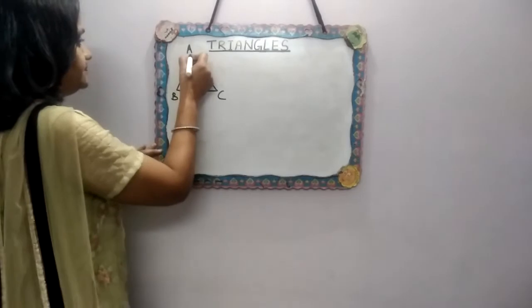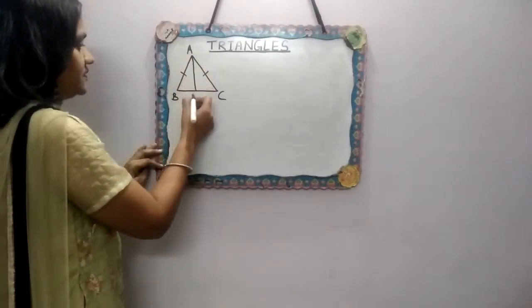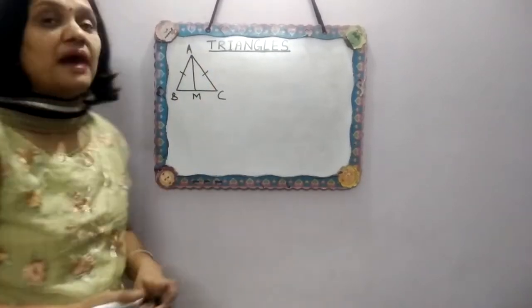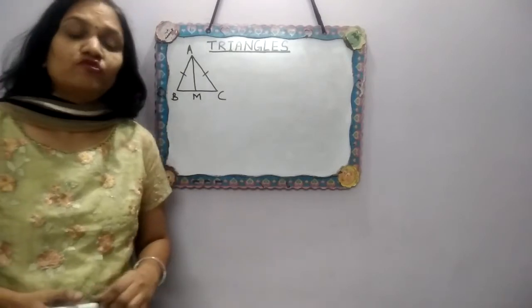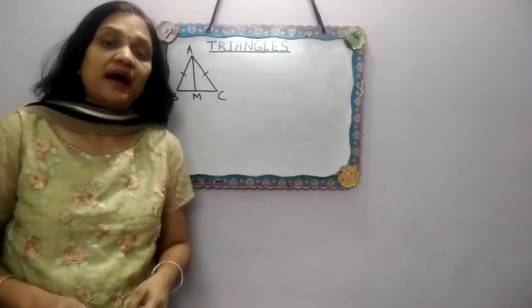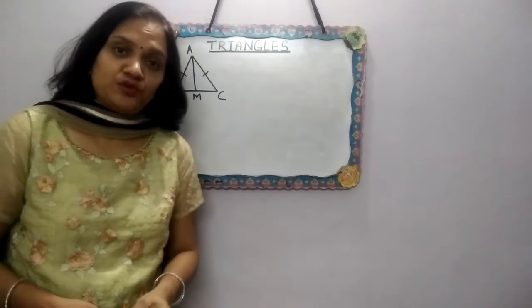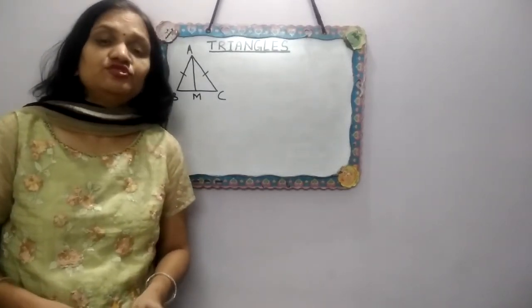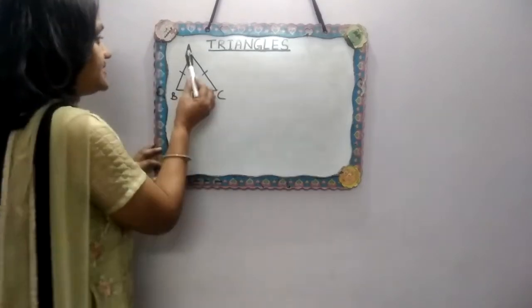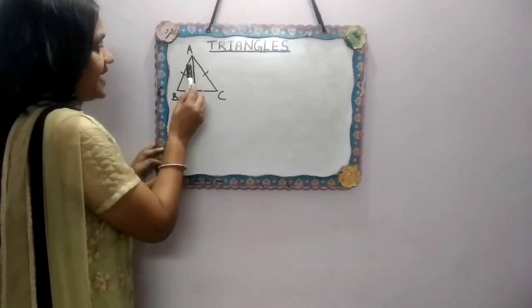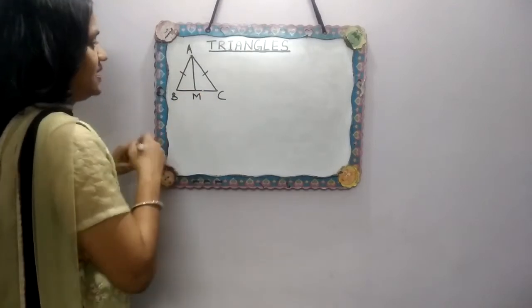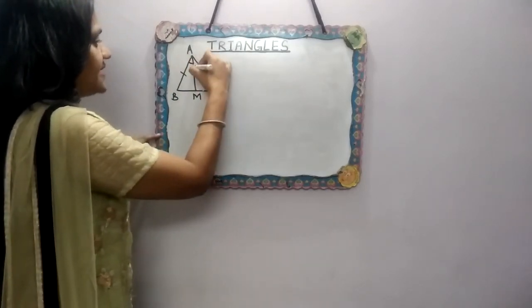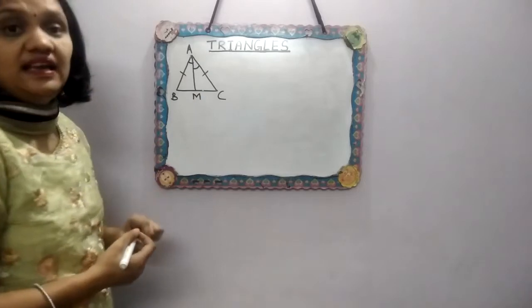Let's draw AM as the bisector of angle A. What do we mean by bisector? A bisector is a line which divides an angle or a line segment into two equal halves. So this AM is dividing angle A into two equal halves. So this part and this part of angle A are equal.